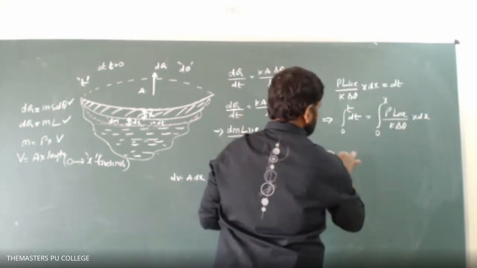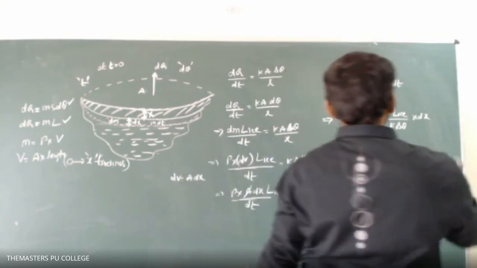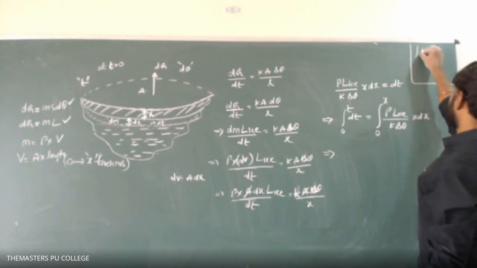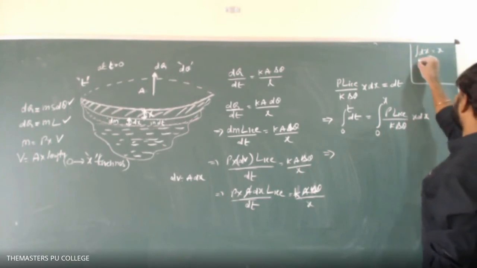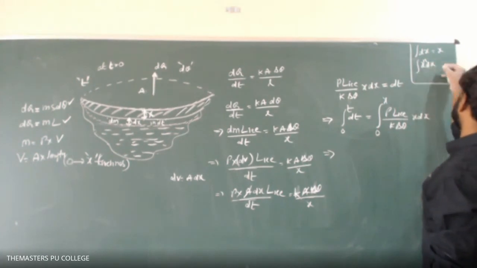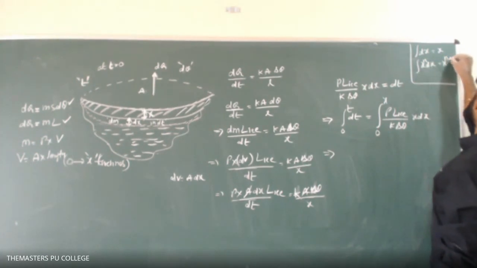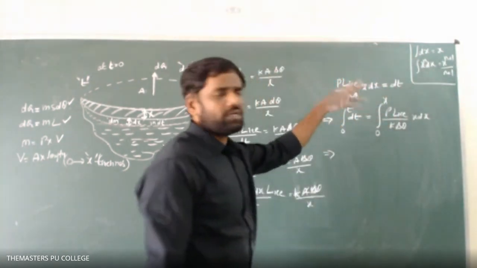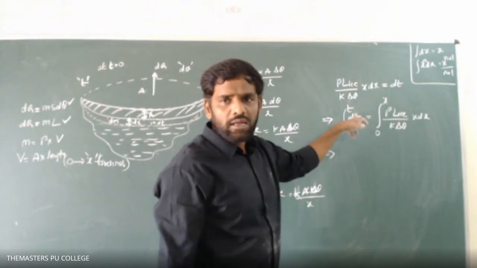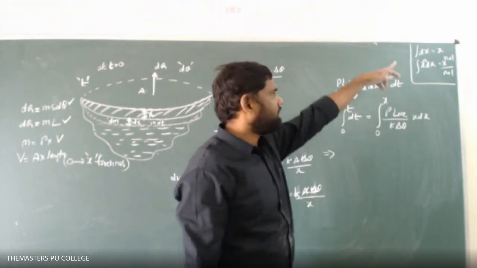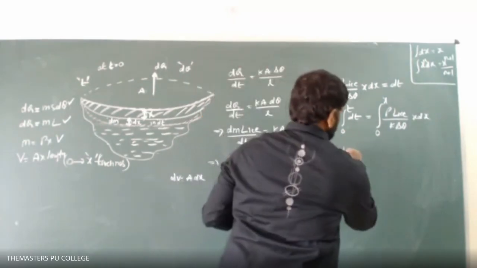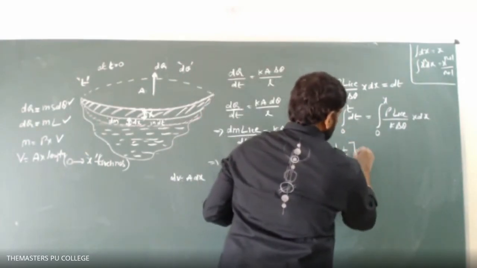Observe clearly here I am writing the formulas: integral dx equals x, and integral x to the power n dx equals x to the power n plus 1 divided by n plus 1. I am using these integration formulas. Integral dt must be equal to t, so I can write t within the limits 0 to t.